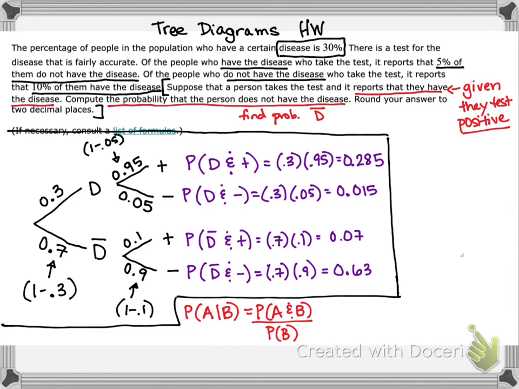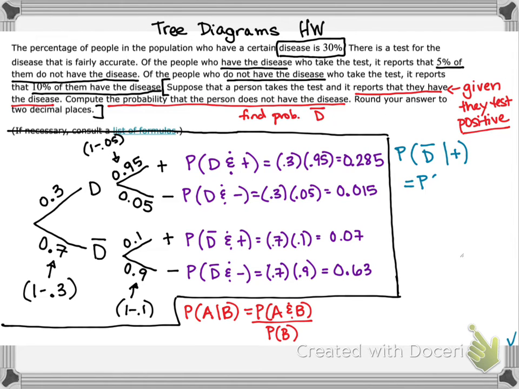All right, here goes for our example. Let's choose blue for the rest of the example. The probability, and said, given they tested positive, what's the probability they don't have the disease? So right under there, I'm going to write our formula.